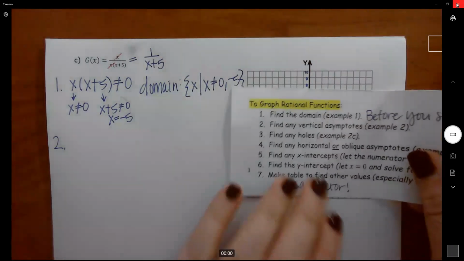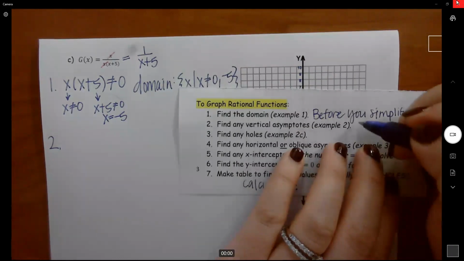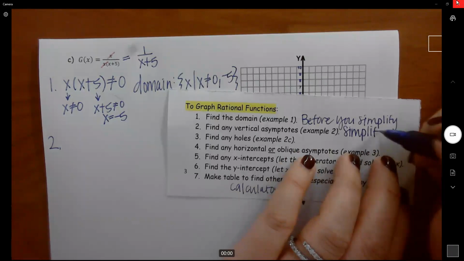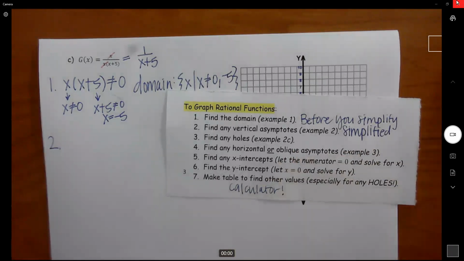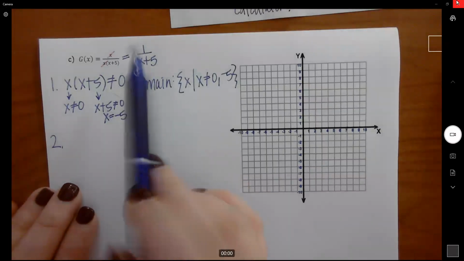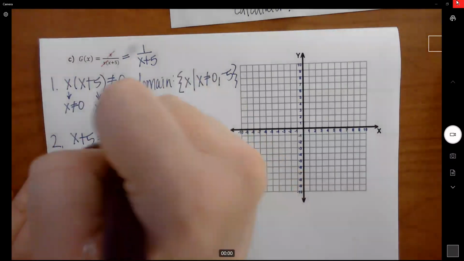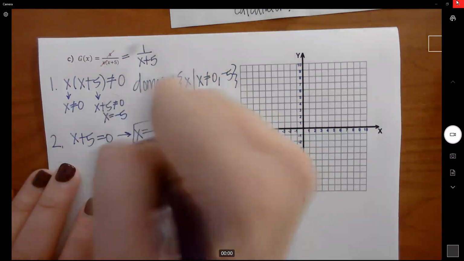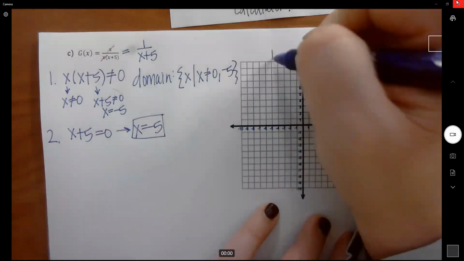So now when I go to step 2 and I find vertical asymptotes, this is always your simplified rational function. What I have in the denominator is only x plus 5 equals 0. So therefore, x equals -5 is my vertical asymptote. So we'll come along here to x equals -5.